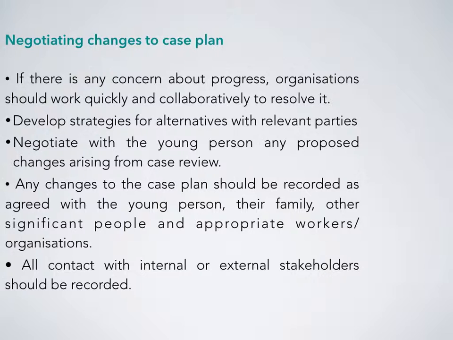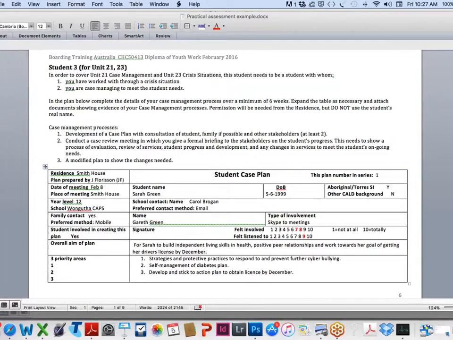So I'll show you how it looks now. We did give out these original student case plan pro forma with Unit 21, but this will show you an actual example of how we've worked through the case with this young person whose name is Sarah Green.